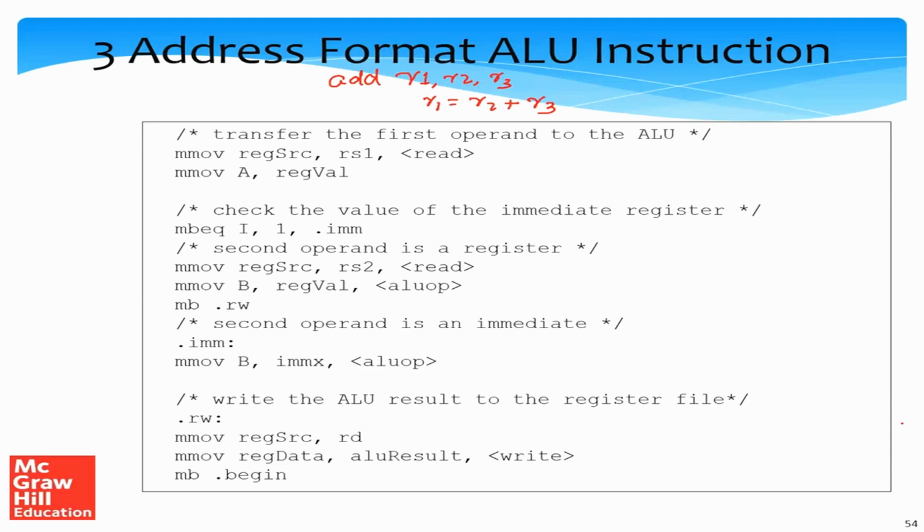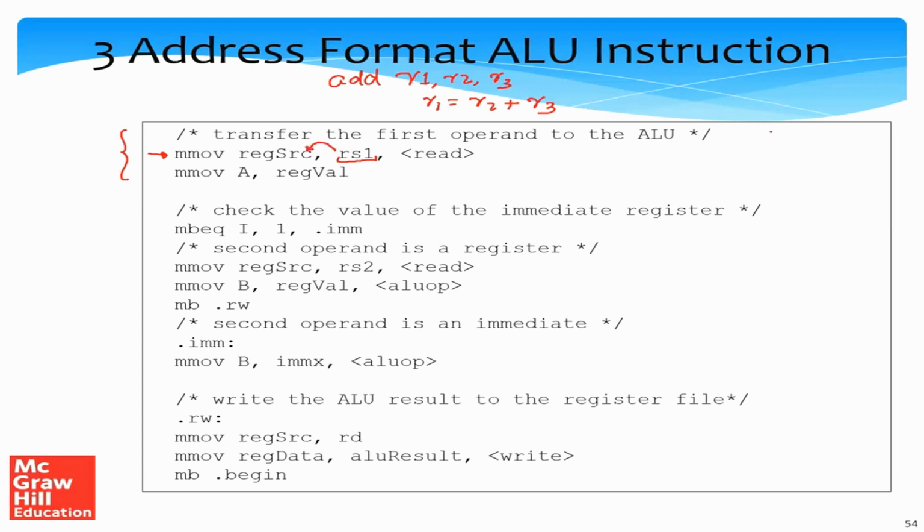So there are many steps here. Let's take a look. So the first step, which is the first 2 lines, is to transfer the first operand to the ALU. So what we do is that we issue an mmove instruction. The mmove instruction accesses the RS1 register, the first source, and then it transfers its content to the reg source.